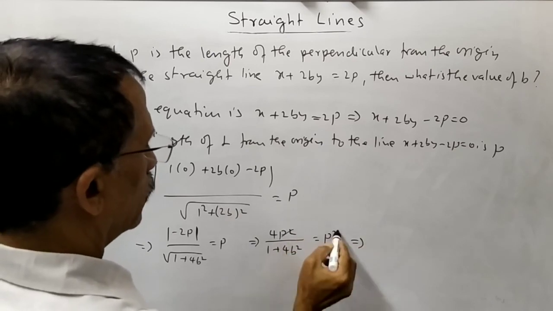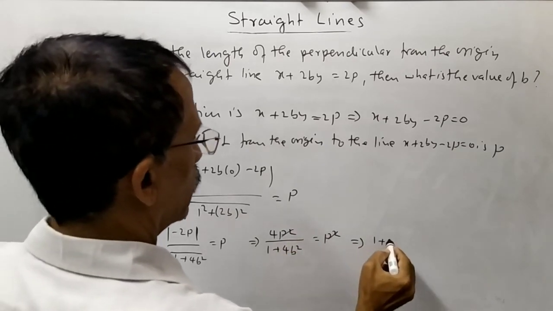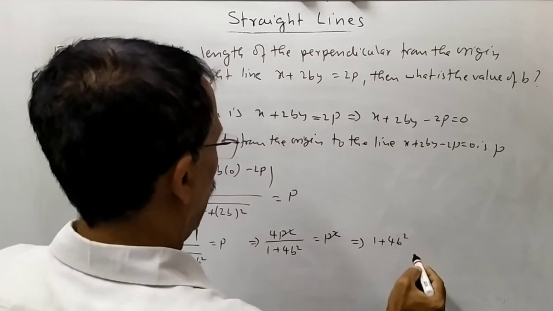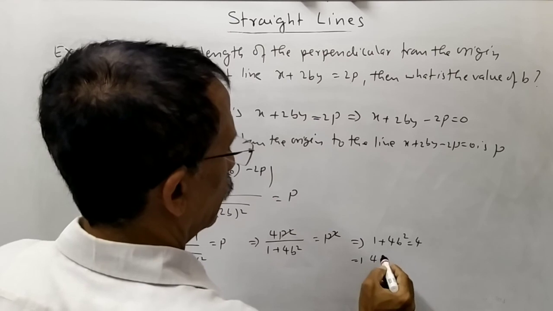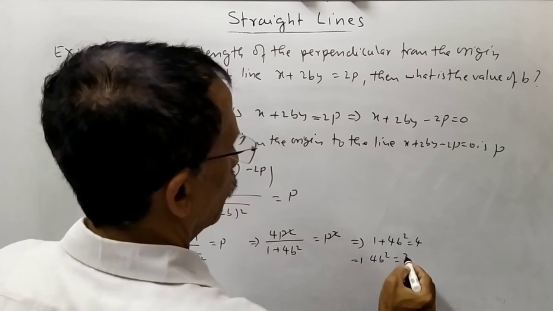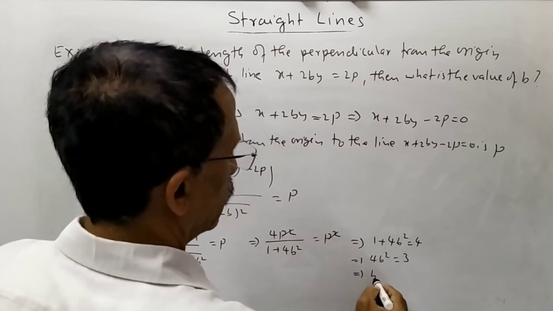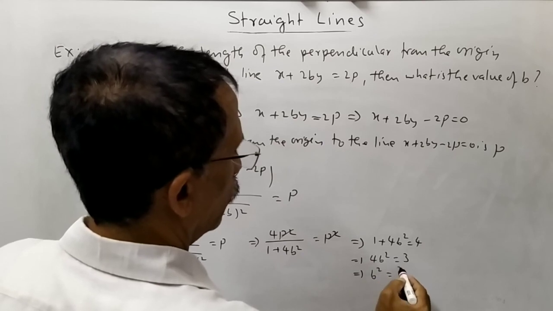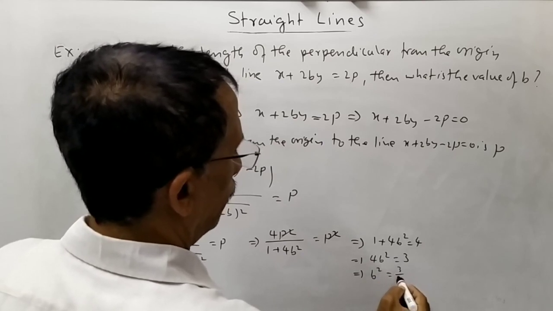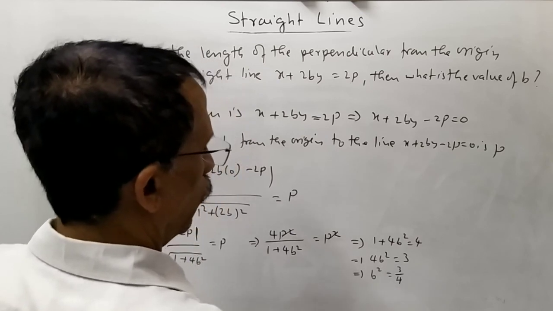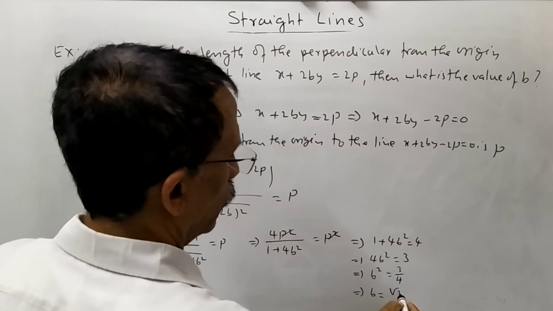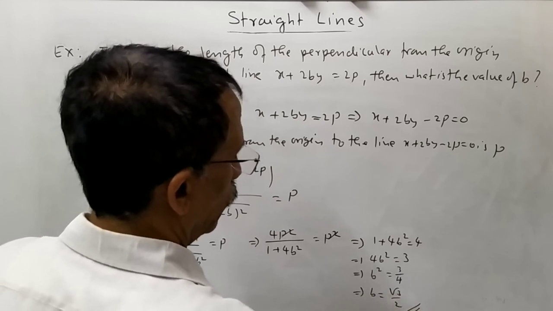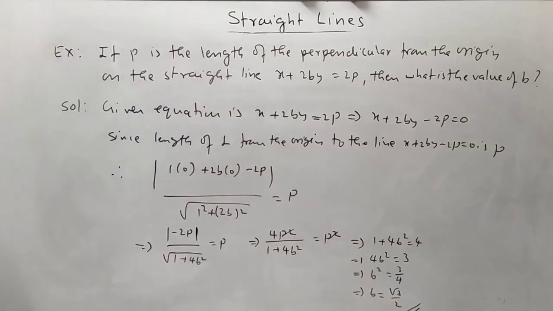This implies 1 plus 4b square is equal to 4, implies 4b square is equal to 3, implies b square is equal to 3 divided by 4. This implies b is equal to plus or minus root 3 divided by 2.